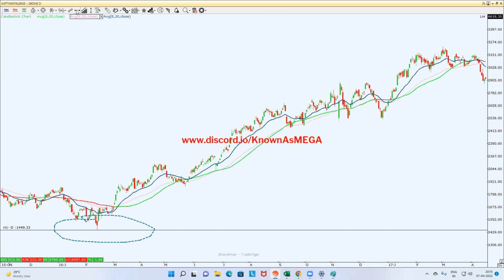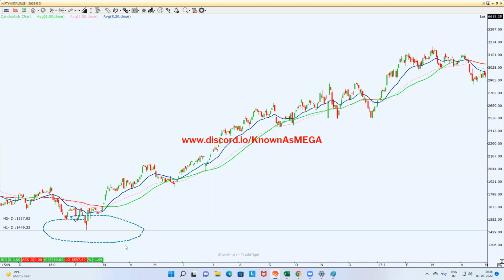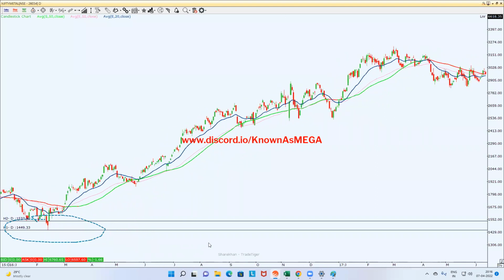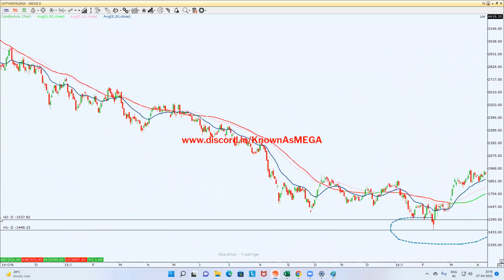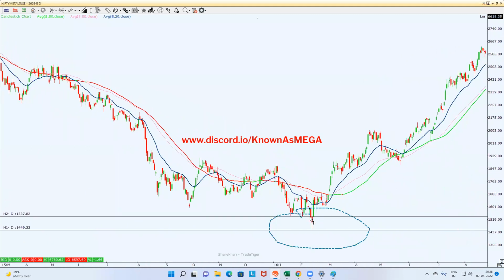So just another example. See now here, I have marked this zone, right? For exceptional marking. Let's also find some more. So you guys agree with me? Leg in, base, leg out. Okay.